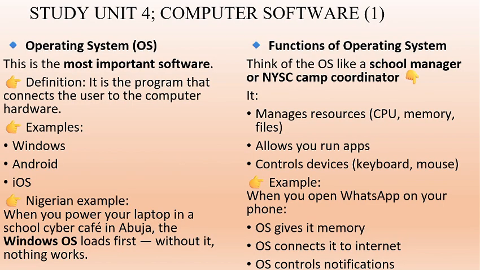The definition for this is, it is the program that connects the user to the computer hardware. It is the main system software that runs your device and lets everything else work. So that's just the breakdown of this operating system.